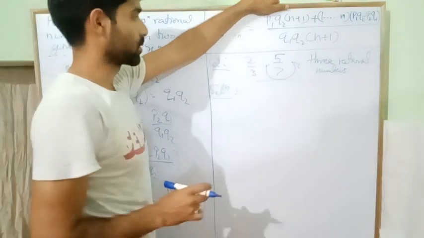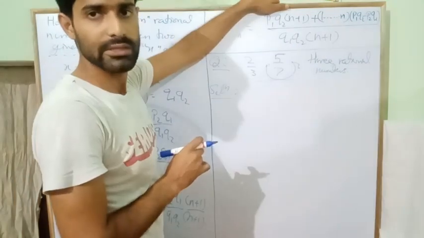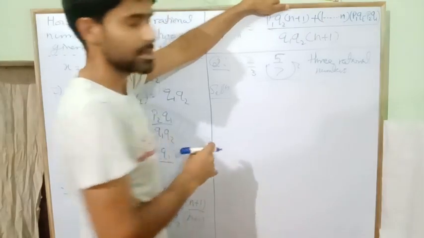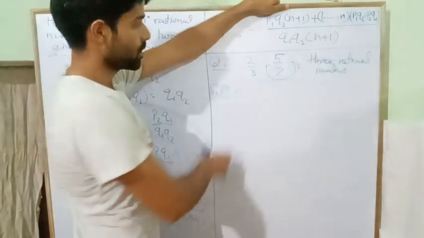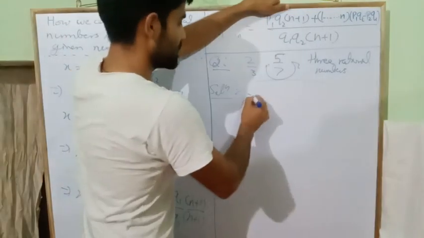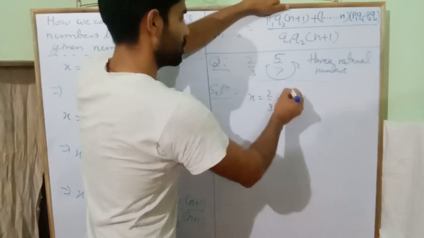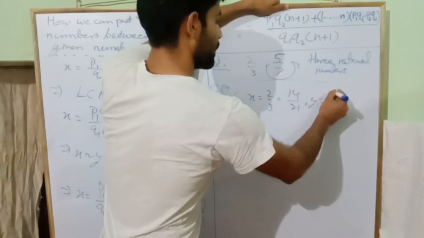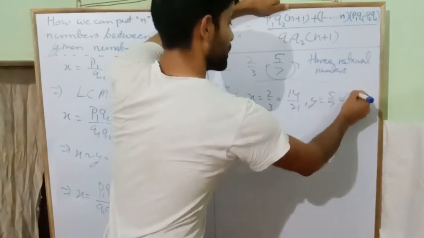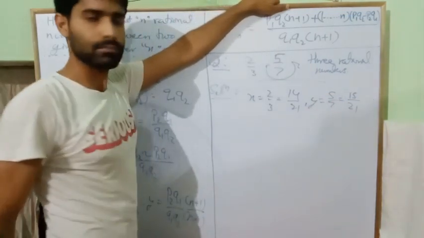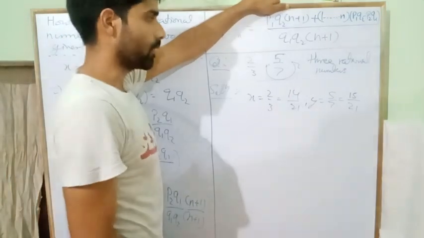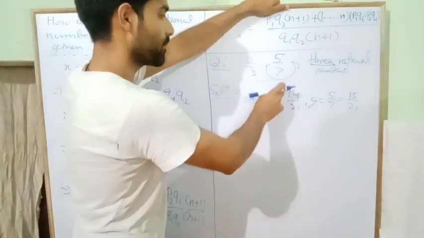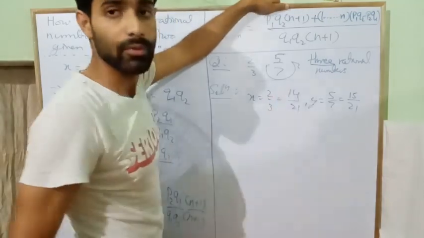We make the denominators of both rational numbers the same. We take the LCM of 3 and 7, which is 21, and from this x is equal to 2 by 3, which is 14 by 21, and y is equal to 5 by 7, which is 15 by 21. Now we have to introduce three rational numbers, so we multiply 3 plus 1 in both numerator and denominator of both rational numbers.